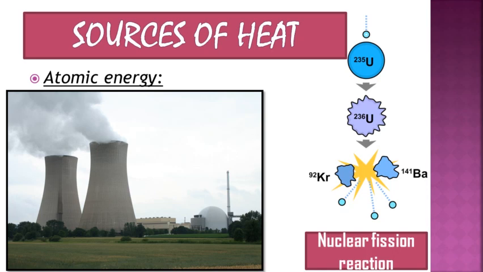Nuclear fission reaction of uranium takes place, in which the uranium absorbs neutrons and converts into its isotope, that is U-236, and that isotope splits into two lighter nuclei of elements like krypton and barium, and a very large amount of heat is produced. So this is also a source of heat by nuclear fission reaction.